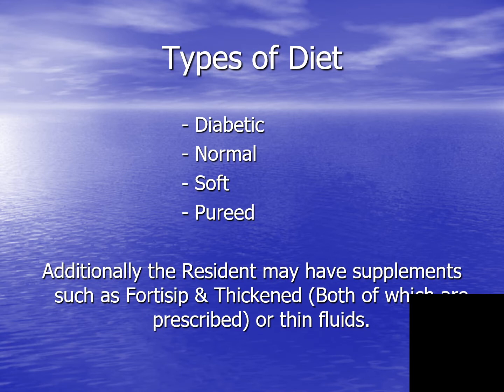You might have a low potassium diet for someone who's got kidney problems. You may have a low sodium diet, for example. These are quite specialist and quite rare, but most people can have a normal diet, and then it's either a soft, pureed or normal consistency.